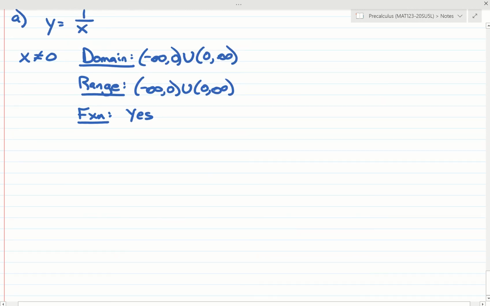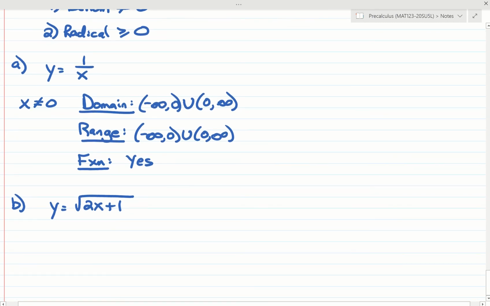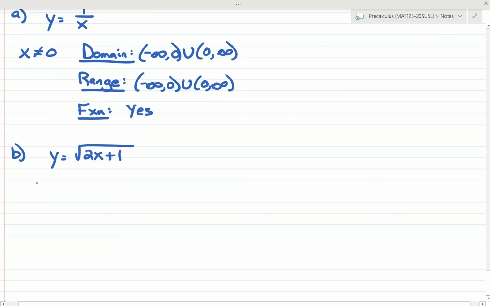What about a problem like this? y is equal to the square root of 2x plus 1. Now we said for our second restriction, what's inside the radical is always going to be greater than or equal to 0. So the way that we find the domain here is what's inside the radical.